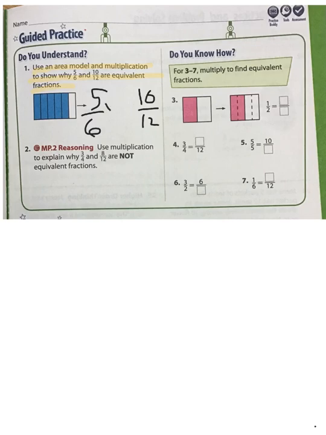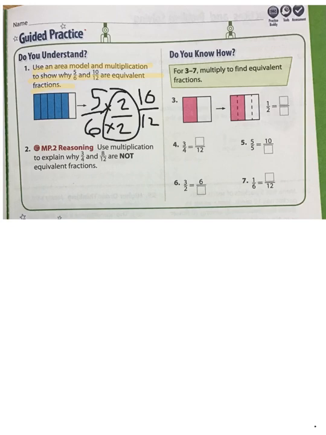Well, you multiply times 2. And then to get from 6 to 12, you also multiply times 2. So if we're multiplying 5 times 2 and 6 times 2, our numerator and denominator are both being multiplied by the same number, then 2 over 2 is equal to 1, and therefore 5/6 is equal to 10/12.